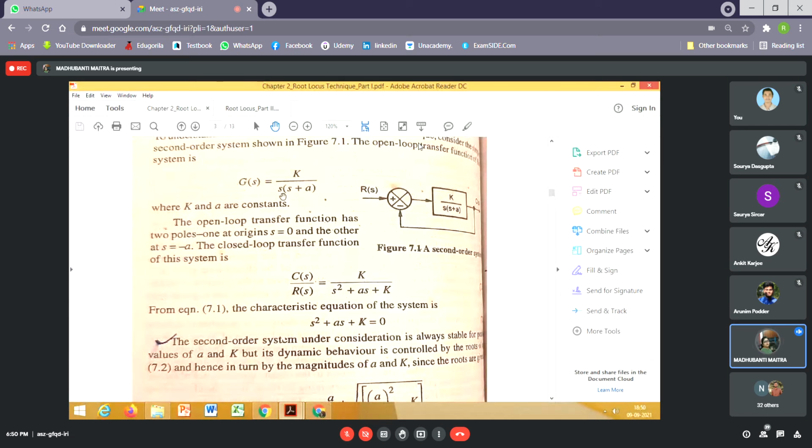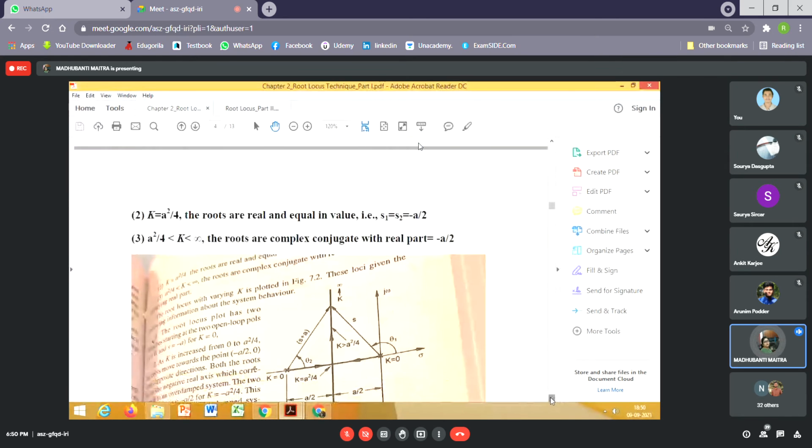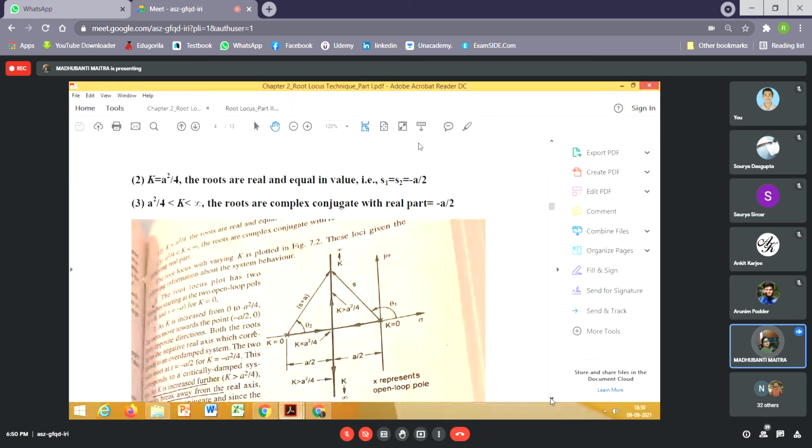We discussed that the open loop pole locations on the S plane are at S equal to 0 and S equal to minus A. Also, we derived the fact that when the value of the variable parameter or variable gain k is equal to 0, the root branches were originating from these two open loop poles.